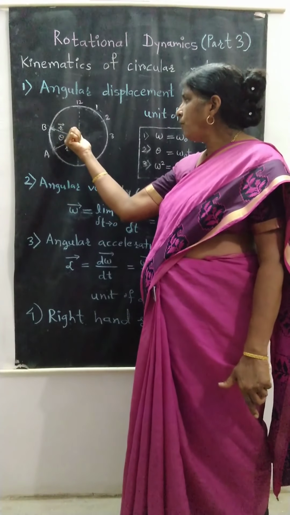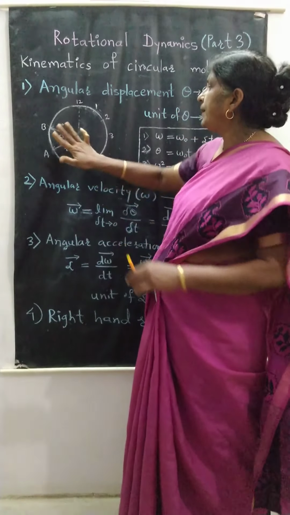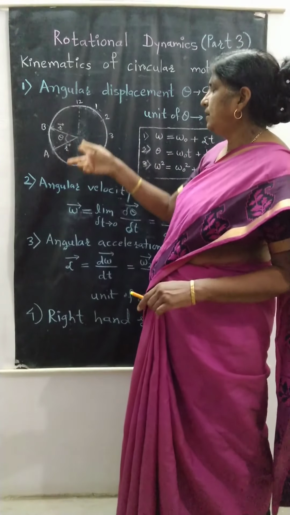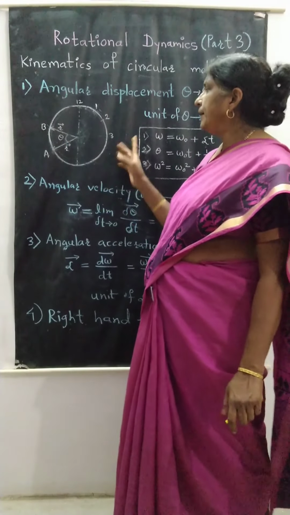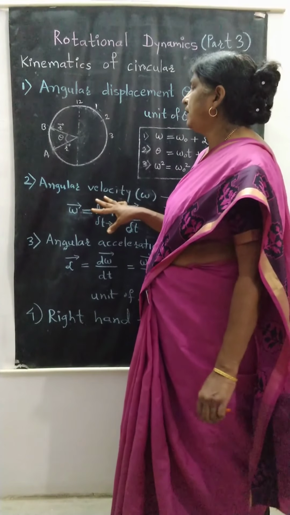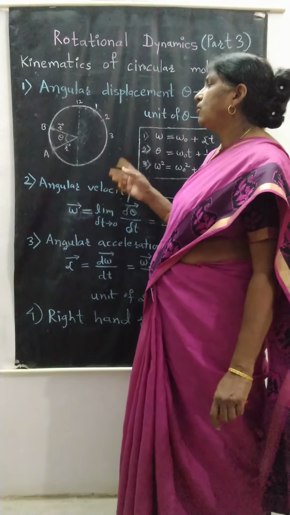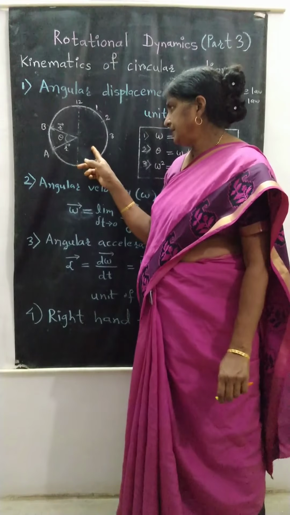So the direction of omega is perpendicular to the plane of the circle. It is either inwards or outwards depending on whether the particle is moving in clockwise or anti-clockwise sense.